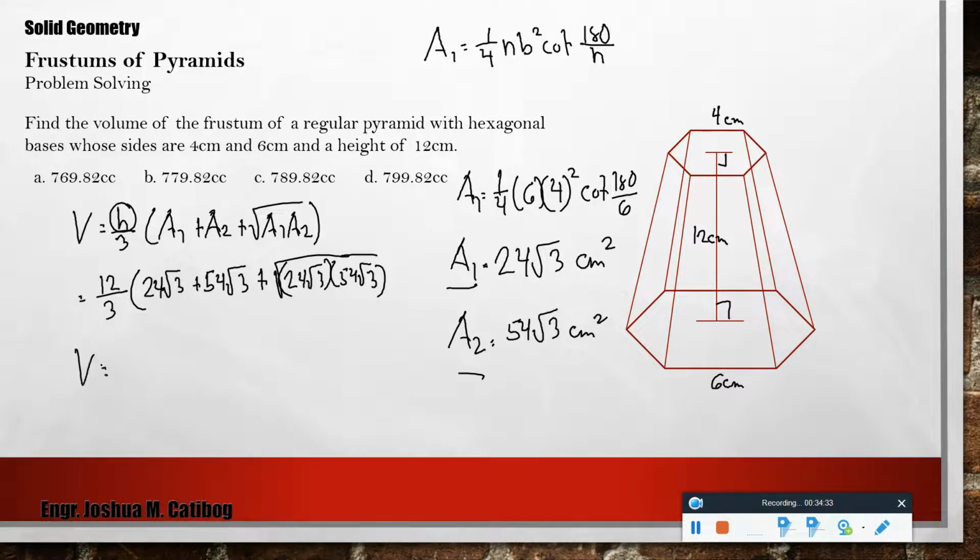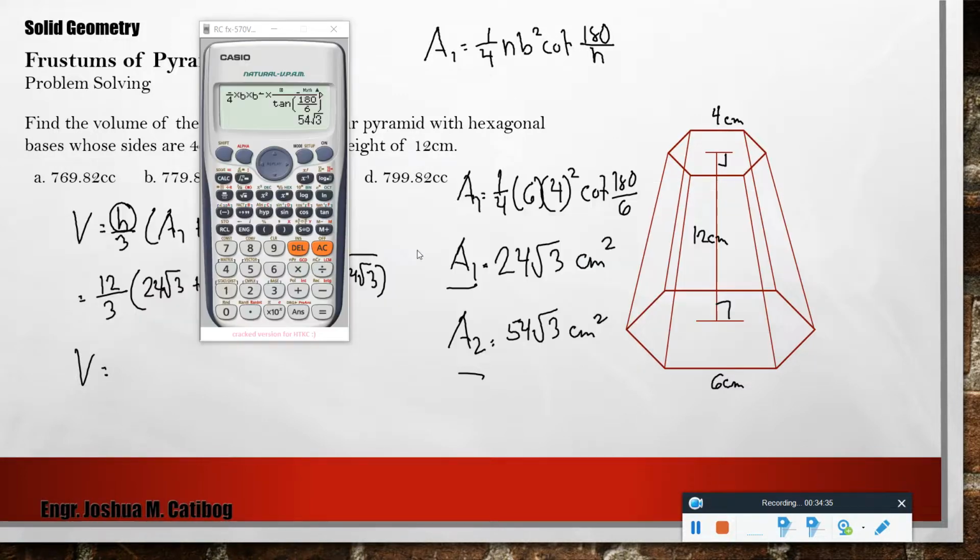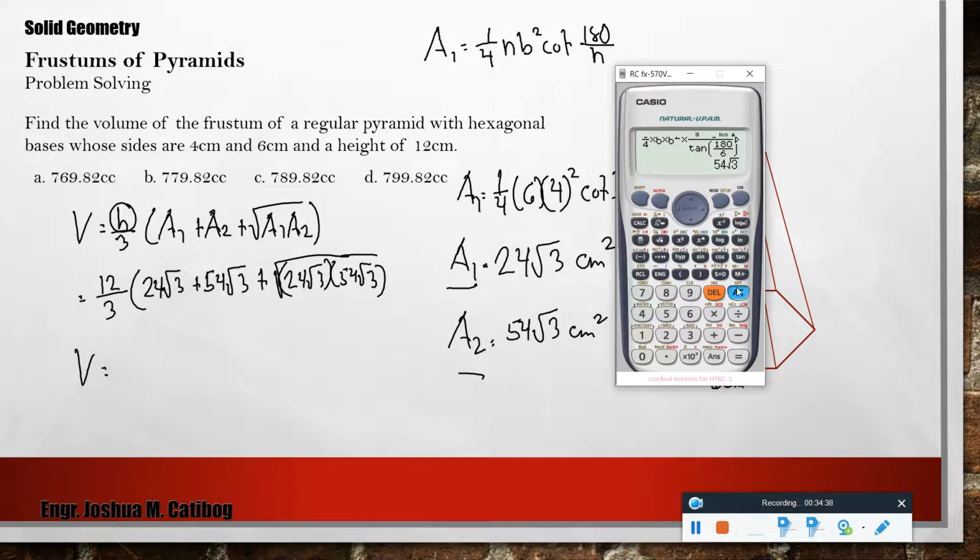So from here, what is the volume po natin? Sige, lagay po sa calculator. Okay, so we have here 12 over 3, times daw po ng ating 24 square root of 3 plus 54 square root of 3 plus the square root of 24 square root of 3.